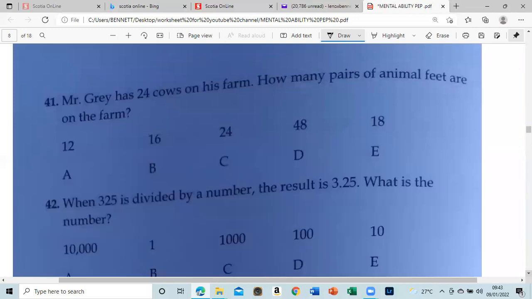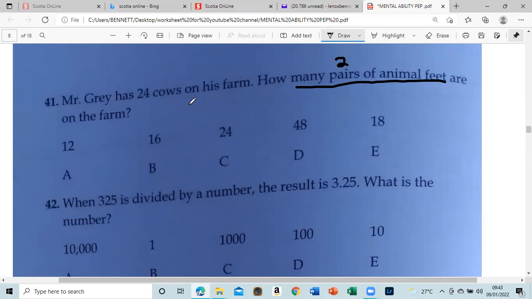All right. Mr. Gray has 24 cows on his farm. How many pairs of animal feet are on the farm? Let's see now. Pair means 2. So basically, let us see how many feet in all there are.